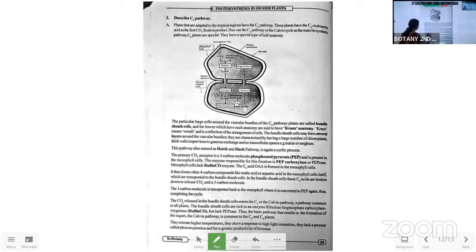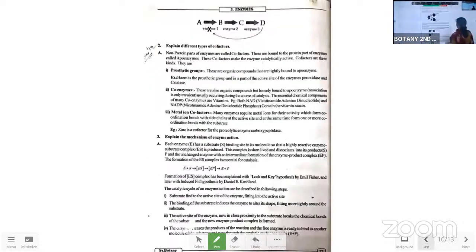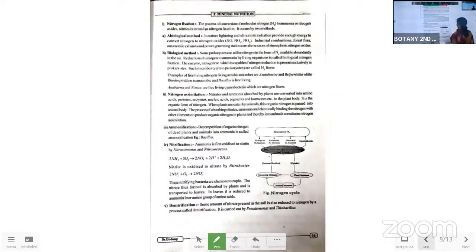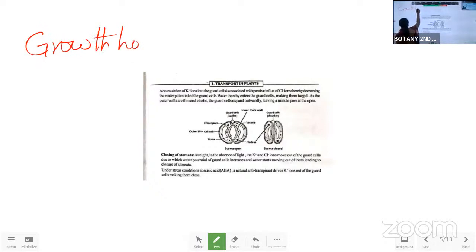I think I have not taken the VSQs also. Next one is the plant growth hormones.